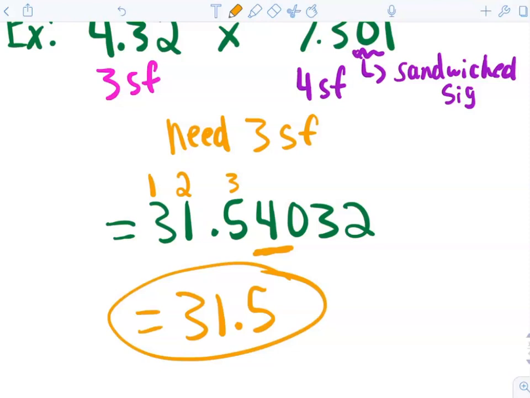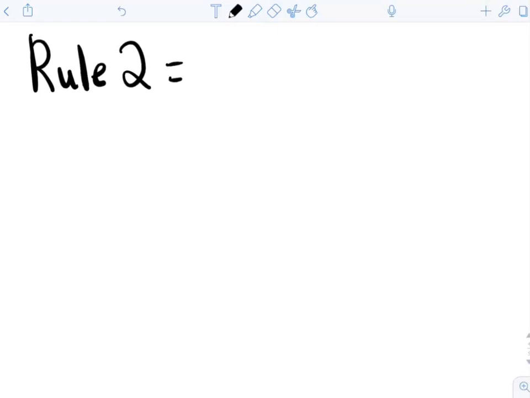Okay. Now, the second rule, if we've talked about multiplying and dividing, rule 2 is for adding and subtracting.